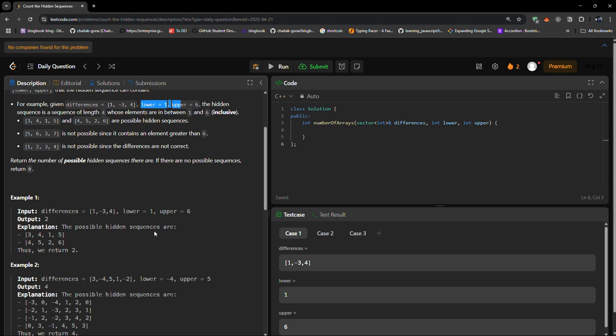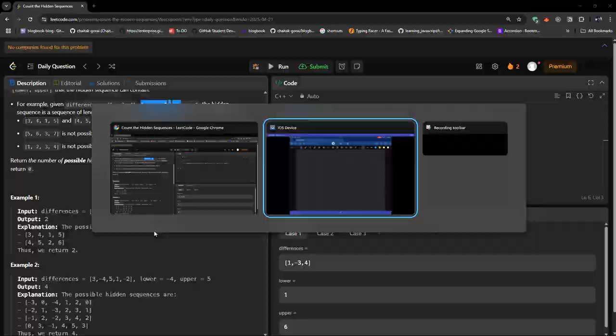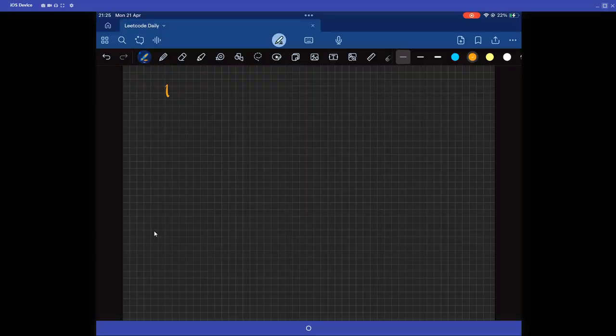So let us try to understand the example. The example is 1, minus 3, 4, the lower limit is 1 and the upper limit is 6. Keep in mind this lower and upper limit is for the numbers in the sequences, right? So we have this difference array and this lower and upper limit.